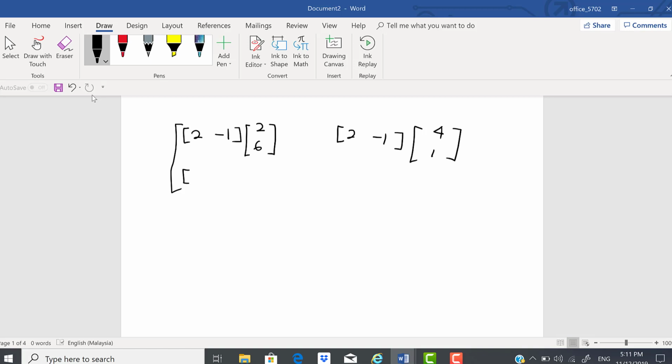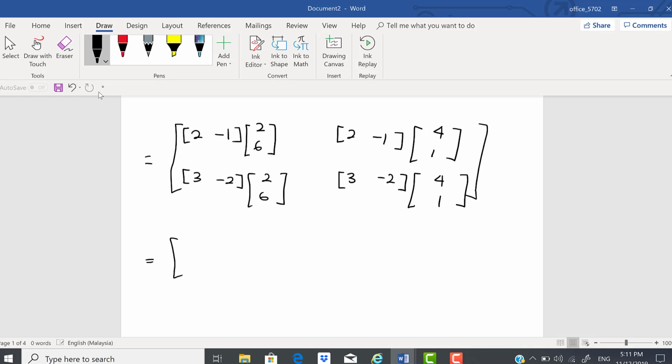Then we have 3, negative 2 times 2, 6. And we have 3, negative 2 times 4 and 1. Okay, now, we're supposed to have 4 values. Okay, it's a 2 by 2 matrix.